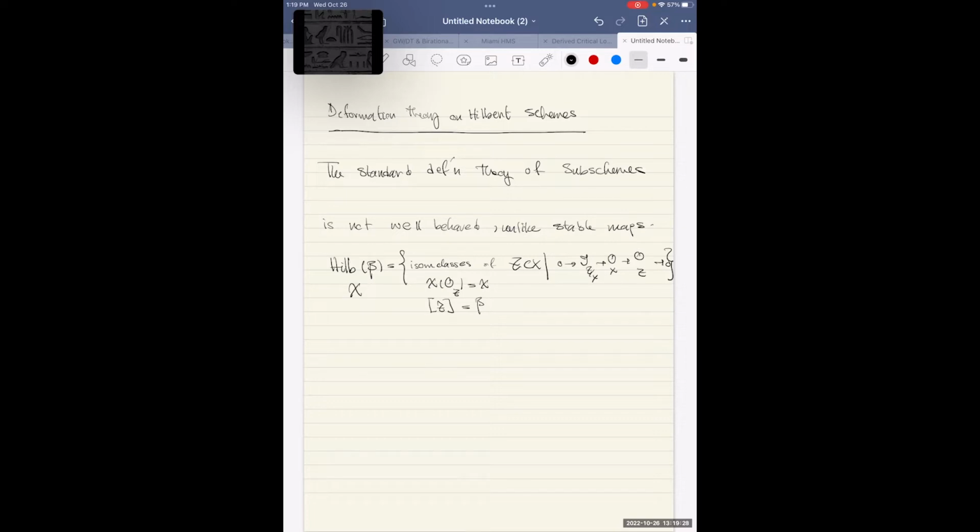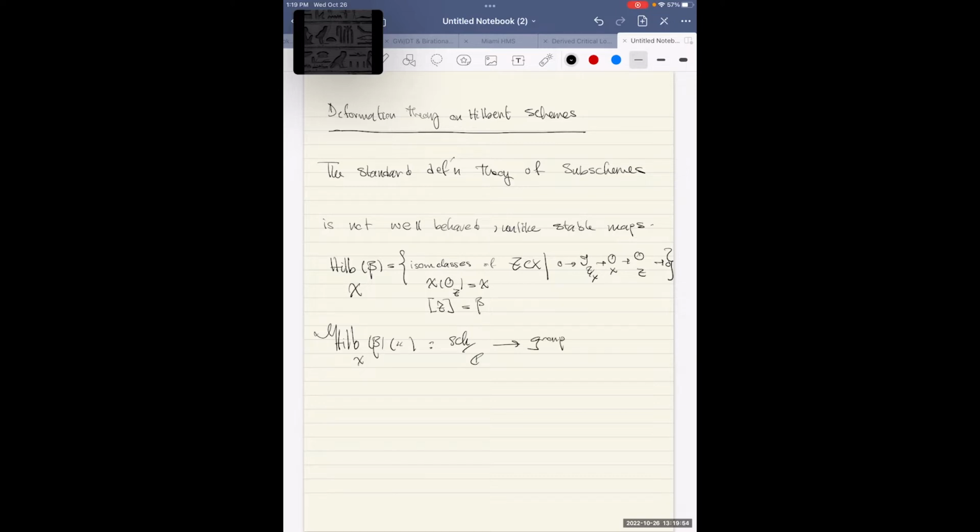And this is a moduli scheme, and it represents a moduli functor. I can call this thing the moduli functor, like this. It's something from the category of schemes over C to groups, if you like.